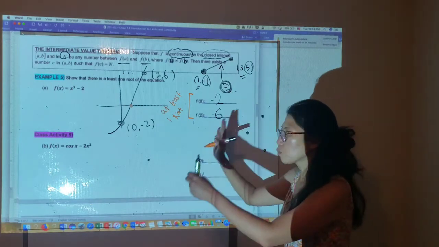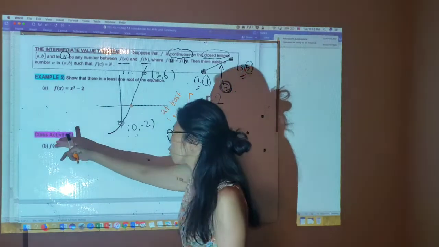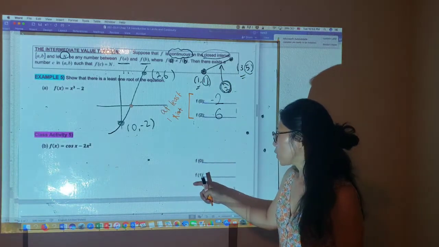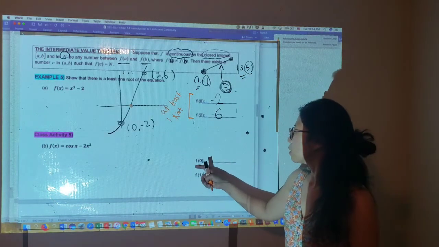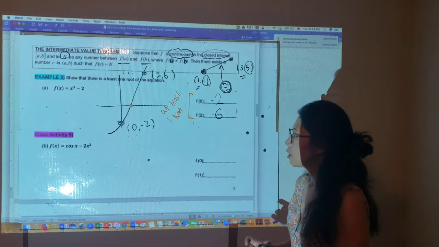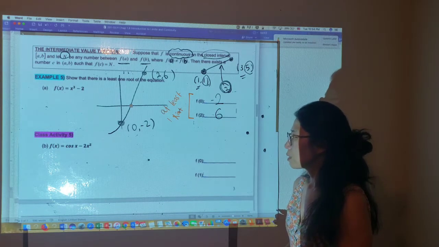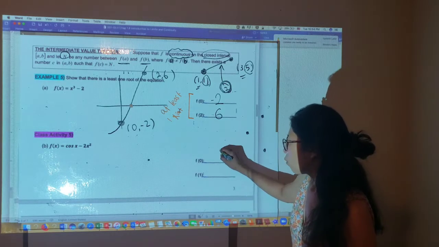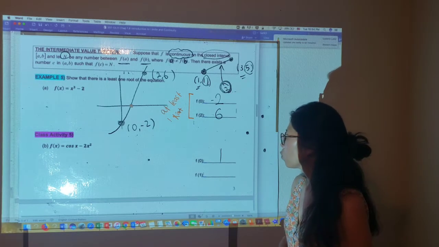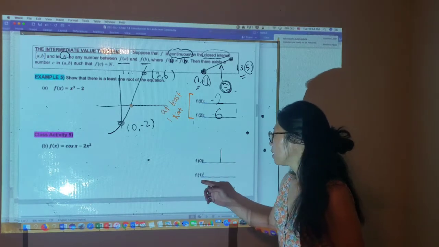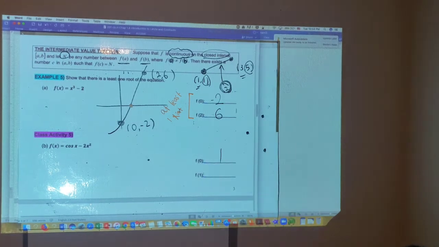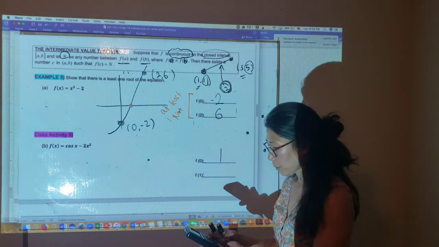So let's practice with your in-class activities. I want you to try again with me one more time. First of all, I want to plug in 0 for your original function. Cosine 0 minus 2 times 0. Cosine 0 is 1, so don't forget I get 1 here. And for the next one, we plug in the next number. We can punch it into the calculator quickly.